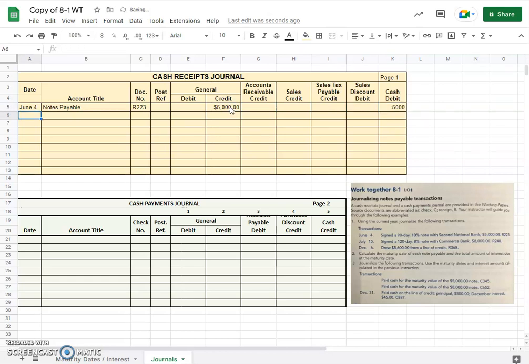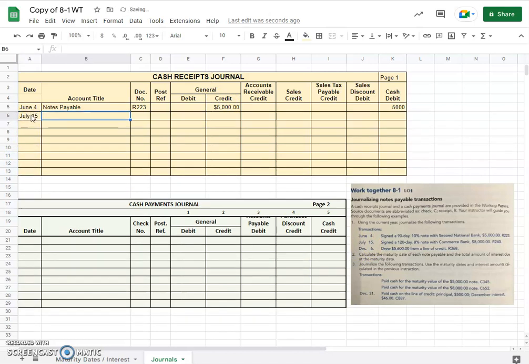Okay, next one, July the 15th. Again, we've got another note we're signing and receipt number 240. This one is 120-day 8% with Commerce Bank, and we get $8,000. We're just borrowing money all over. Okay, and then December the 6th.